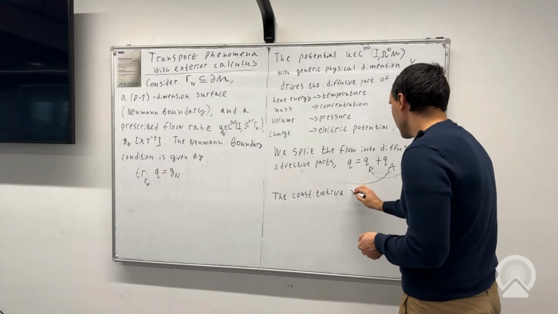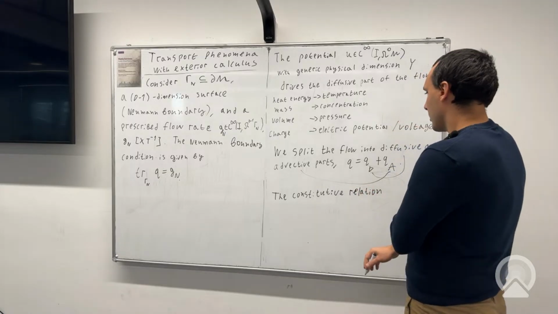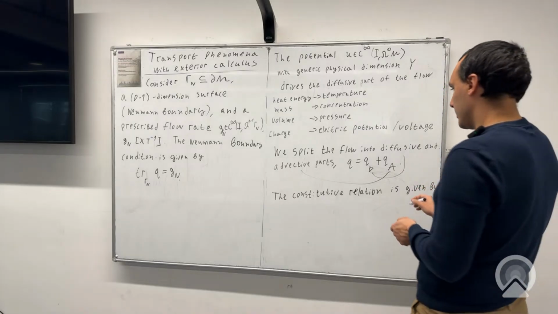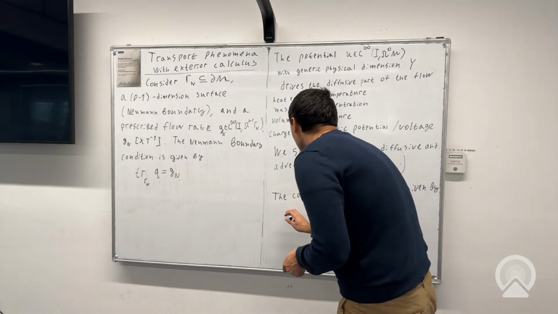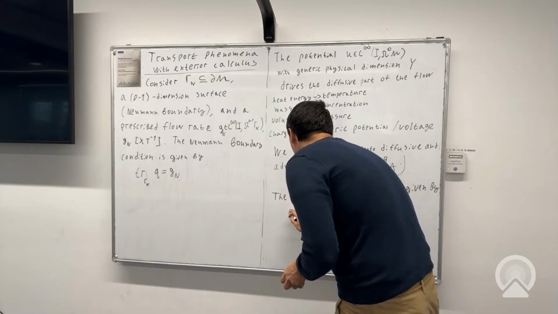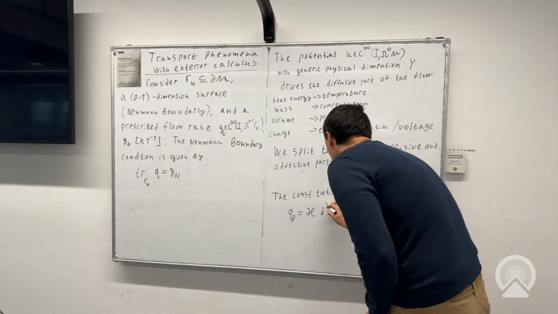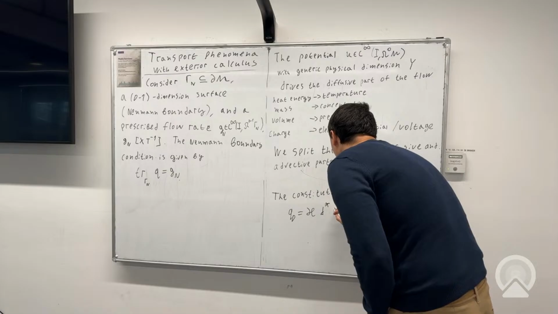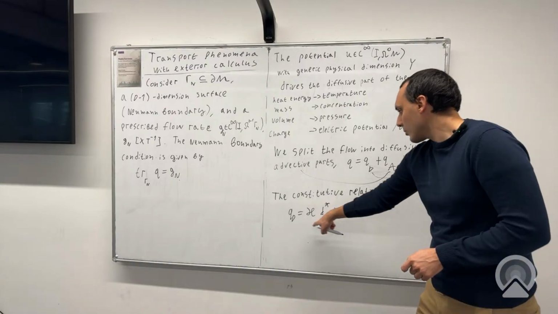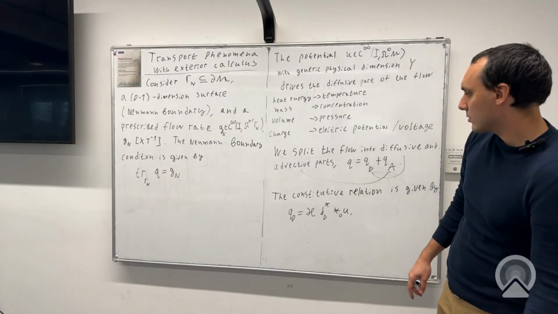The constitutive relation is given by QD is kappa of delta star of U. First, so we have these operators, and here kappa is the conductivity.